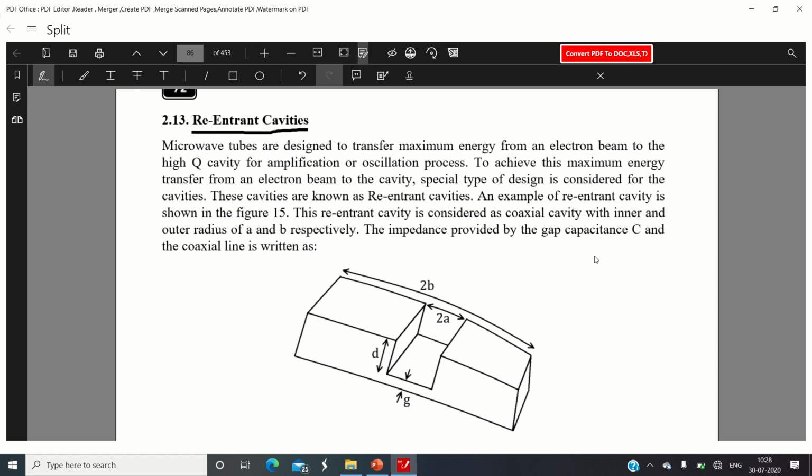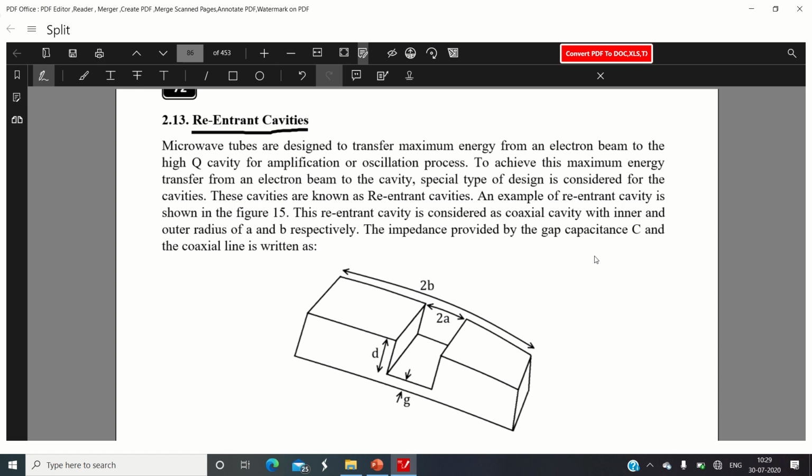Microtubes we are going to see in detail, and a process of extracting the energy from the electron beam is by making use of a velocity modulation process, which we will study in detail when we come across microtubes chapter.